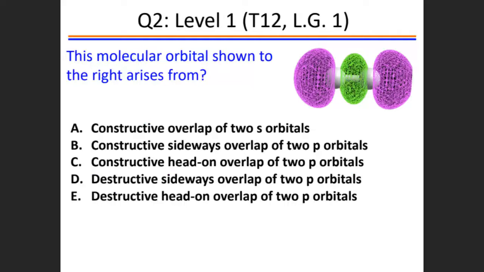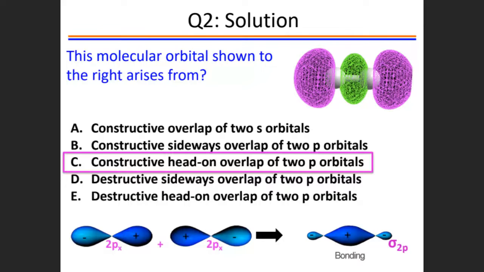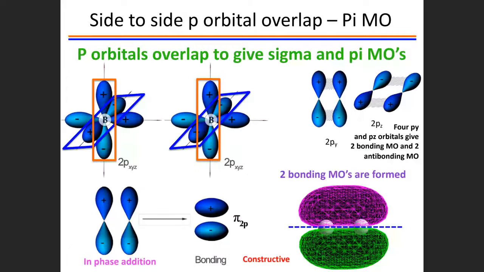This molecular orbital shown to the right arises from, for me, a head-to-head P, correct? Let's see. Constructive head-on P orbital. Here we go. Side by side P orbital and pi bond.